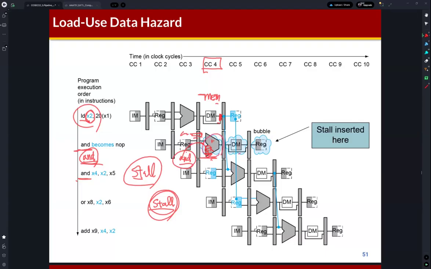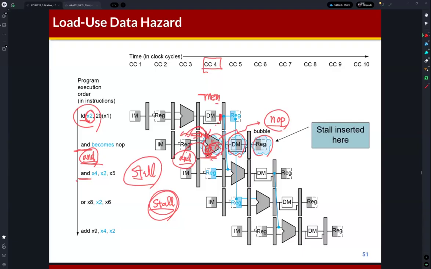Then how can we generate some signal? We need to generate a no operation. Actually, the and instruction needs to be propagated to the EX stage, but because of the load use hazard, it cannot be propagated.